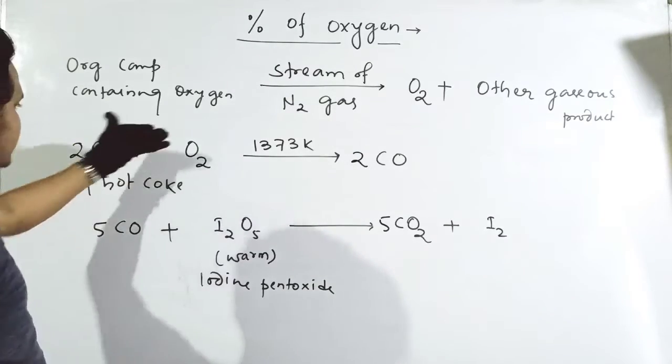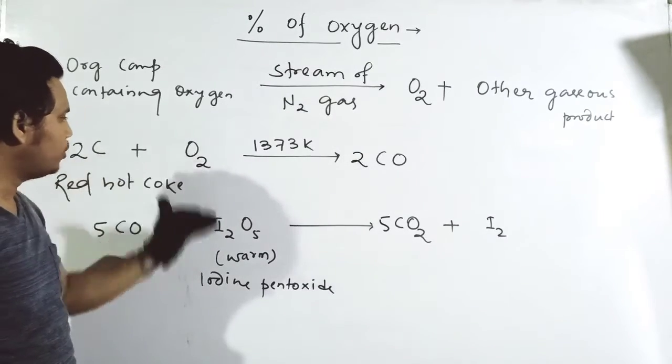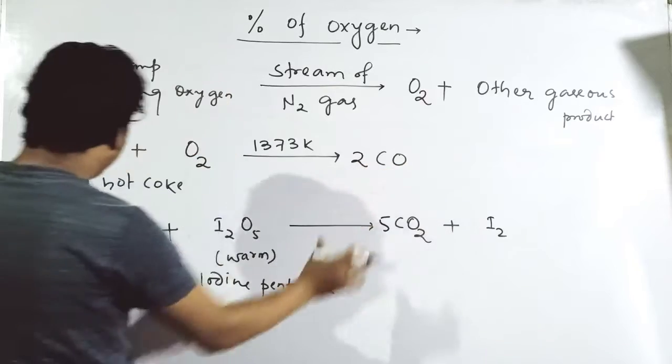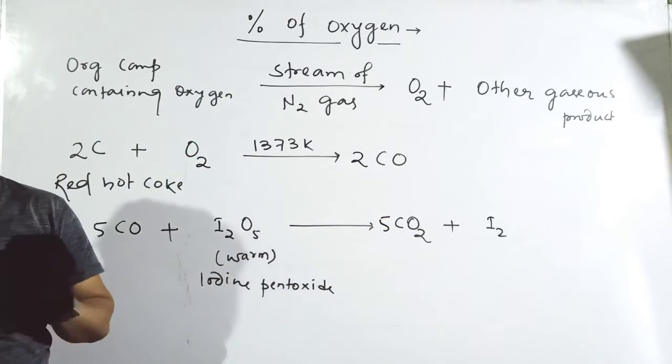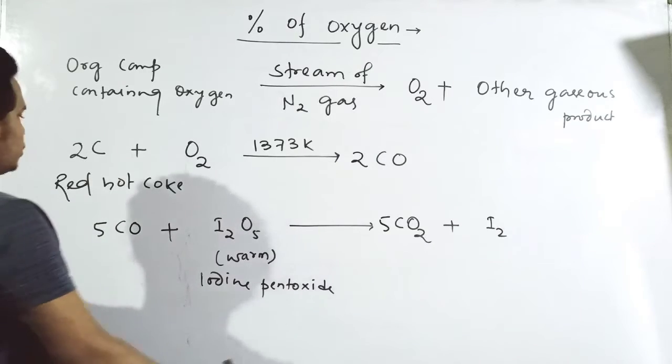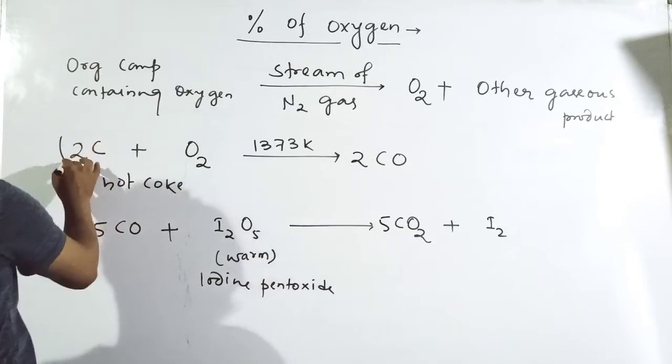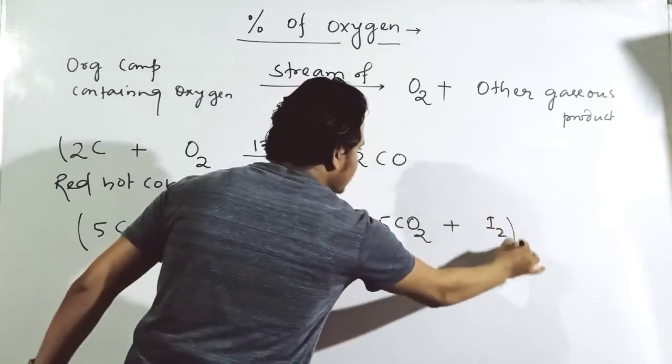Now add these two equations in such a way that the intermediate product carbon monoxide should be cancelled. So see here 2 times CO is there, here 5 times CO is there.